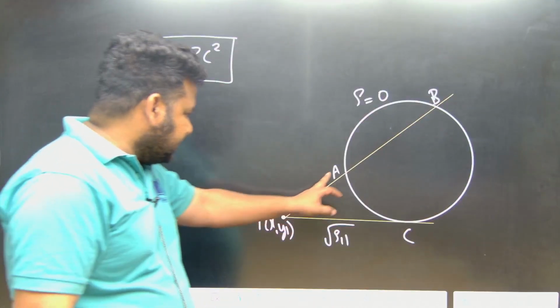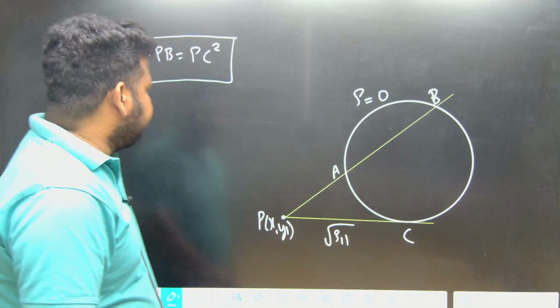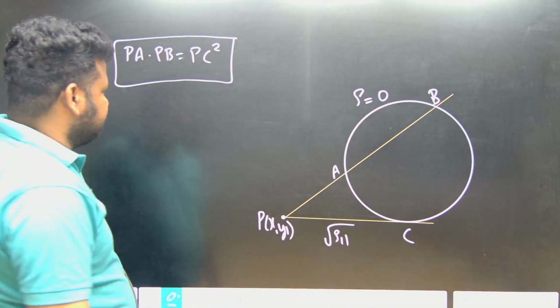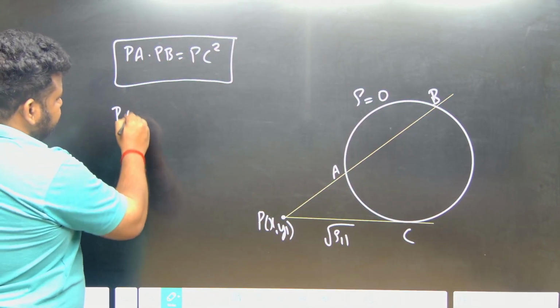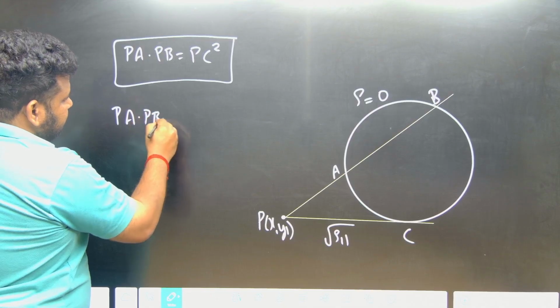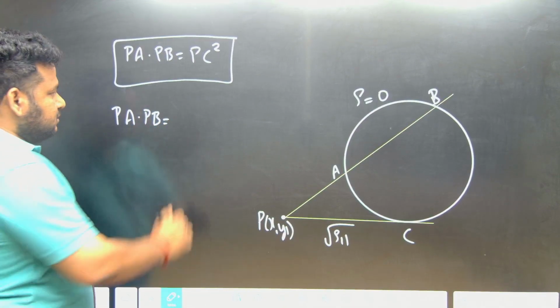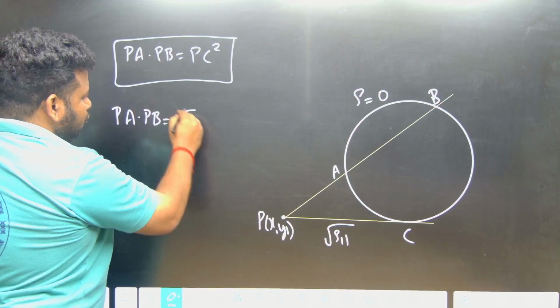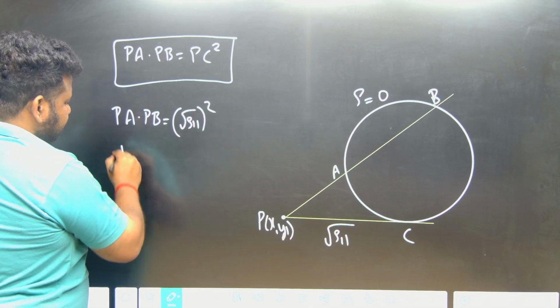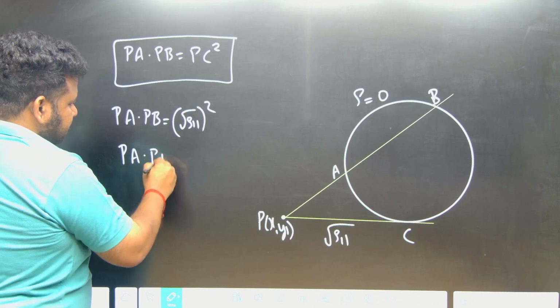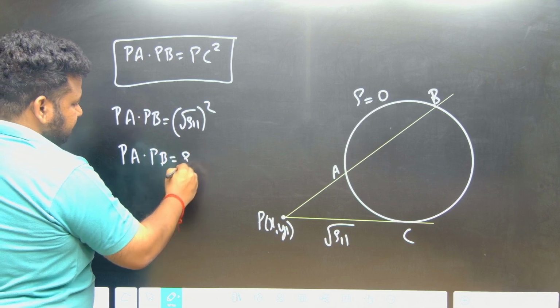So PC square is square root of S11 whole square, and the square root of S11 whole square is S11 itself, so PA into PB is equal to S11.